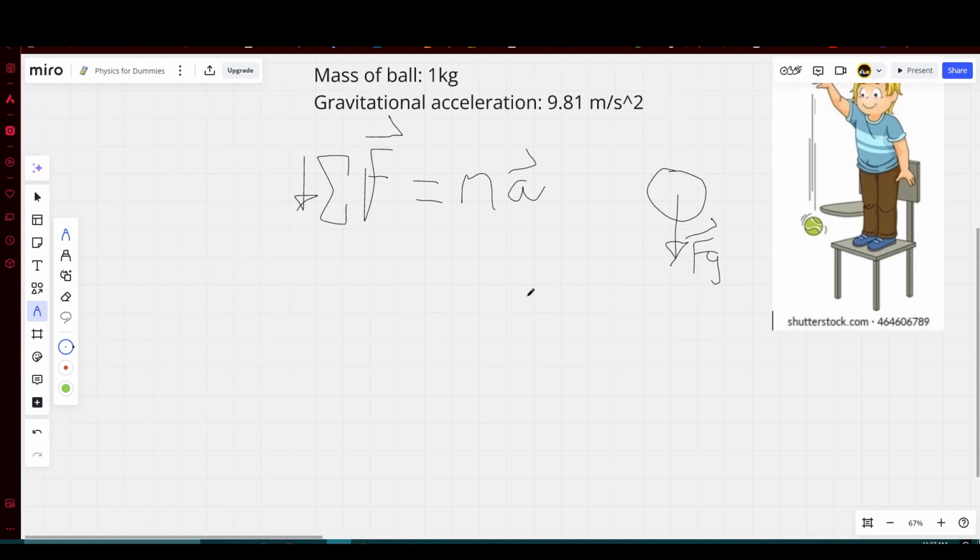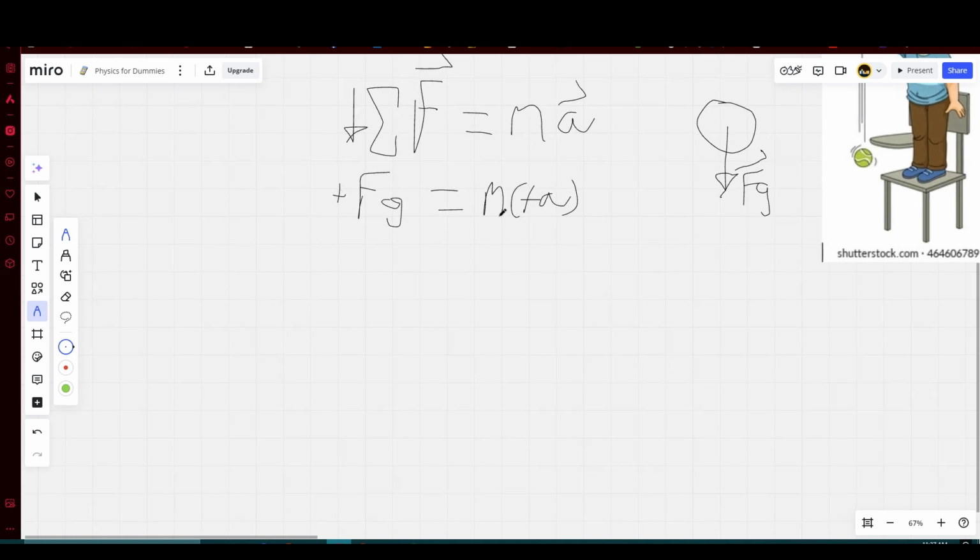Now, we know that FG, we can drop the vector sign and just write a positive here, because remember, down is positive, is equal to its mass times the acceleration, which is also going to be positive because it's accelerating downwards. Positive a. I like to write things like this because then it eliminates the need to have to add direction later on. So this just simplifies the whole process a lot.